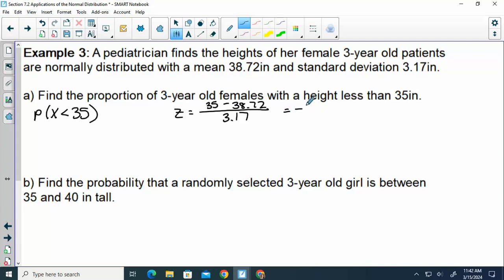So I get a z of negative 1.17. So the probability that x is less than 35 is the same as saying the probability that z is less than negative 1.17. Okay, doesn't our table give us less than? So now we go look up negative 1.17.